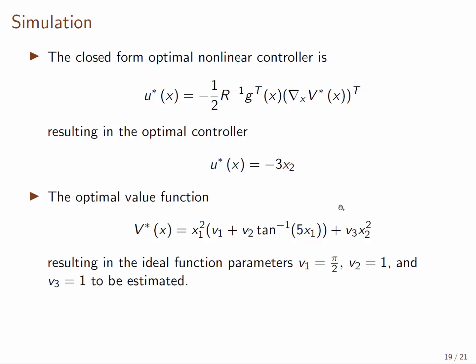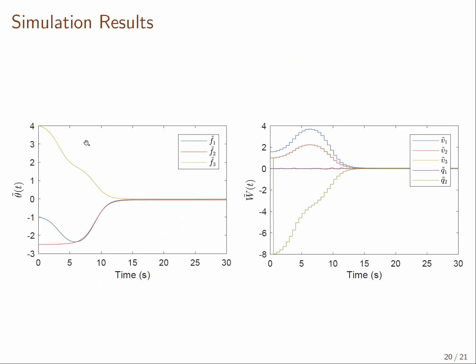When we do that, we get the following plots, and in the plot on the left-hand side, you can see that the parameter estimation error theta tilde is converging to 0 as expected. And then on the right-hand side, we have the 5 unknown weights, 3 in the value function and 2 in the cost function. Remember, we're assuming that one element in the control weighting matrix R is known.